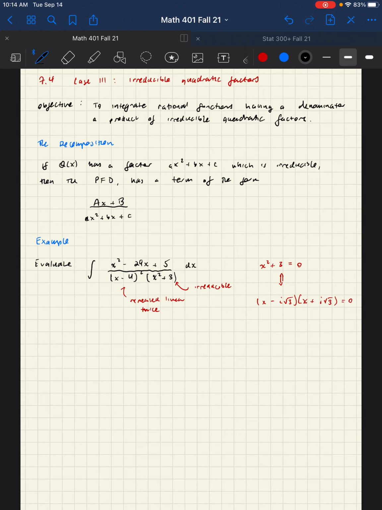So this means that our desired partial fraction decomposition will take this original rational function and write it in this form: A over x minus 4 plus B over x minus 4 squared plus Cx plus D over x squared plus 3.